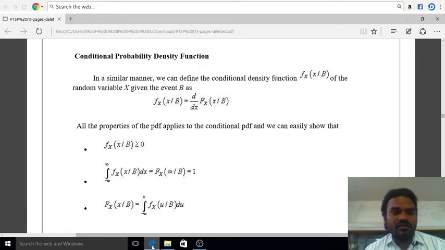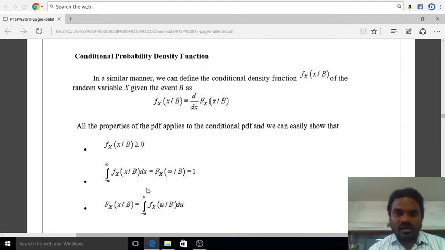We have studied various random variables, that is Poisson, binomial, normal, and so on. With respect to these random variables, we have discussed the mean, variance and mode. Here we have to study the conditional probability with the conditional density function fx of x by b, which is equal to the differentiation of capital Fx of x by b.